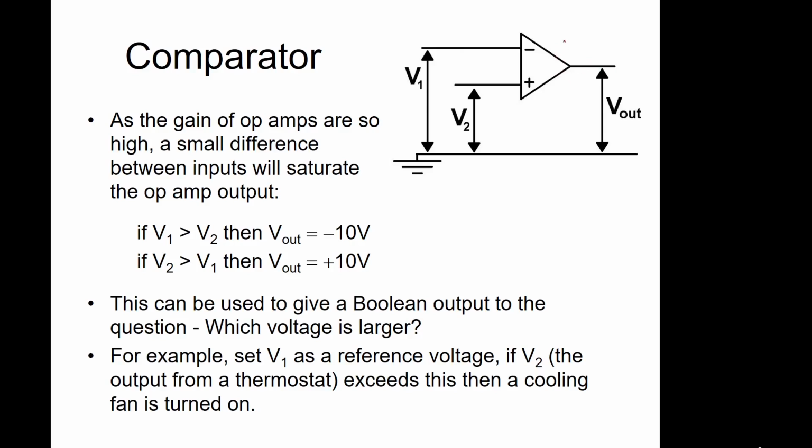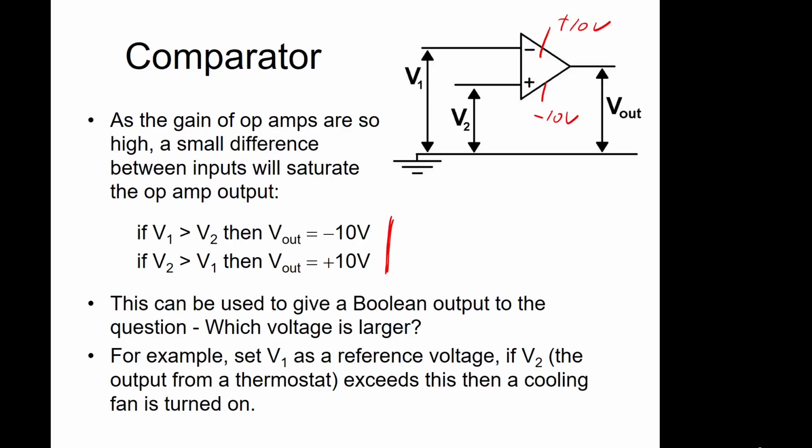So if the supply voltage is say 10 volts, so we've got plus 10 volts on that side and minus 10 volts on that side, the output will be limited to between plus and minus 10 volts. So any slight difference on the input is going to saturate the output, and therefore the output is going to be typically either plus 10 or minus 10 volts.